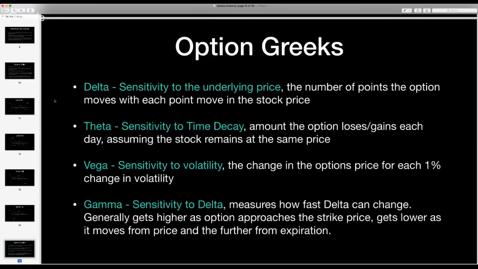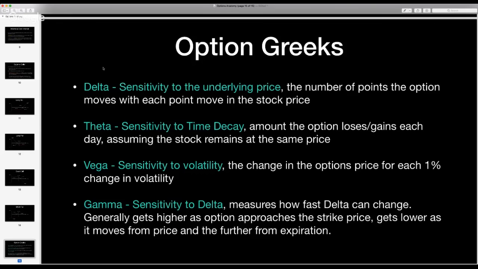A lot of people use delta to look at all of their options combined, all the different strategies they have on, and look at their combined delta. What they try to do is either keep it neutral or near zero, or somewhat bullish if they're bullish, or somewhat bearish if they're bearish.